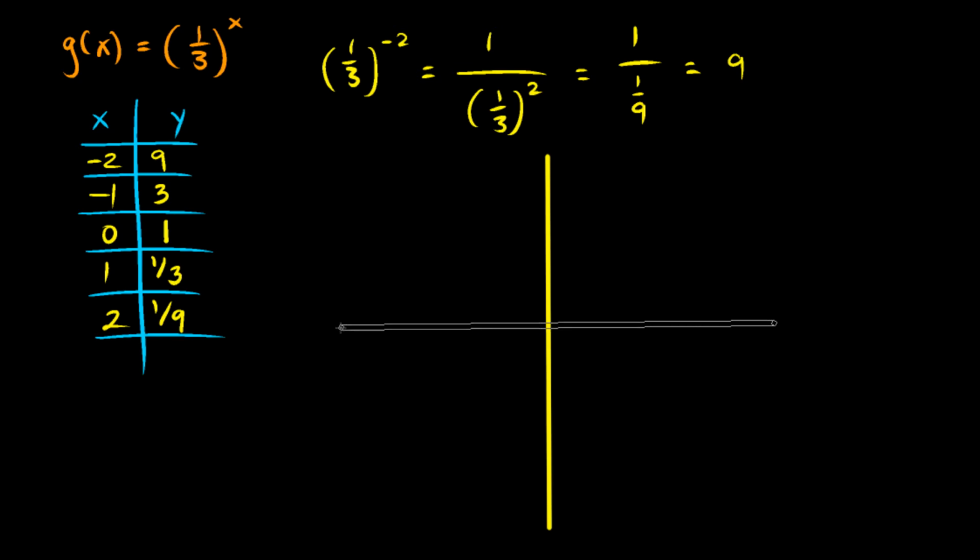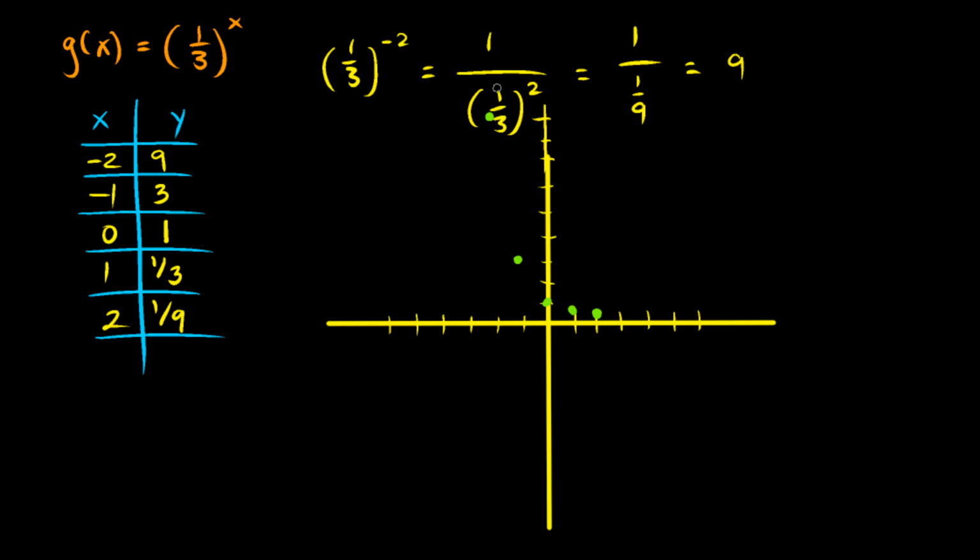So the graph of this one is going to look just like the other one, but flipped over the y-axis. So -2, 9 would be way up here, -1, 3, 0, 1, 1, 1/3, 2, 1/9.